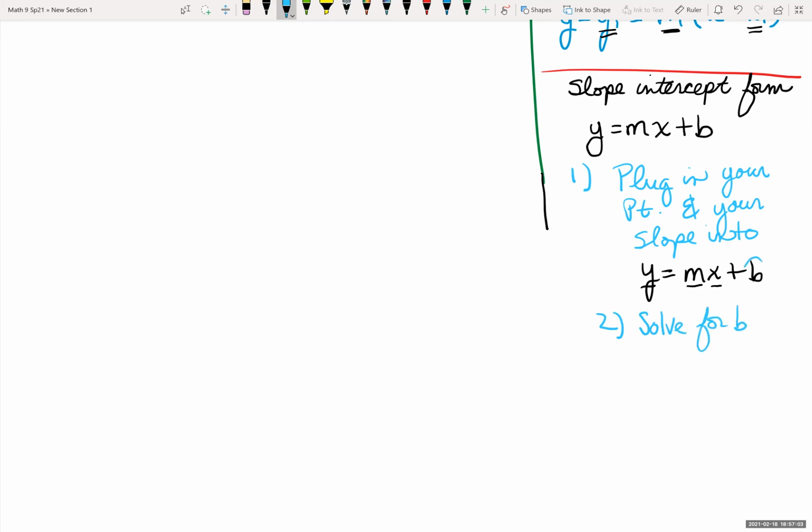So once you figure out what this value b is, then you're going to go back in and plug in b and m into the slope-intercept form, y equals mx plus b.